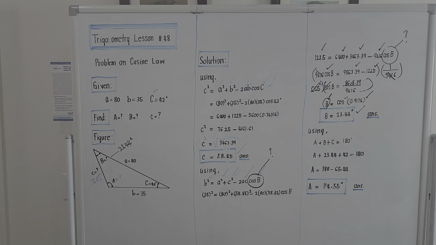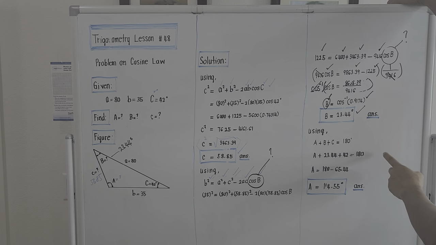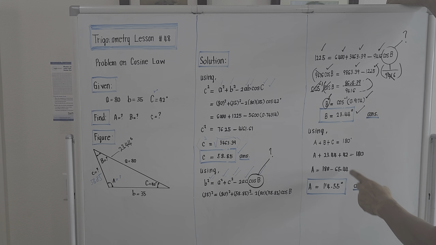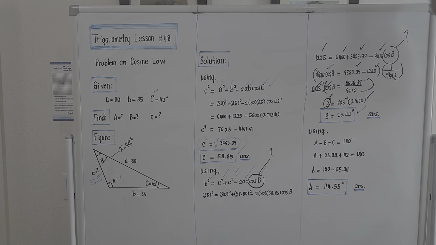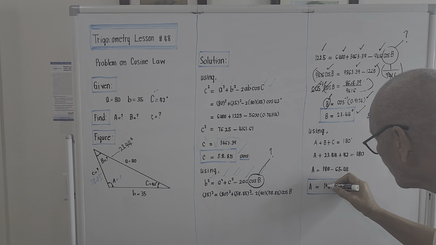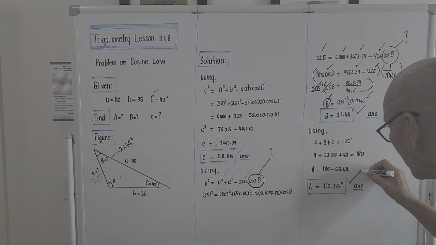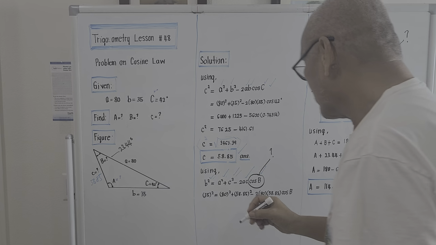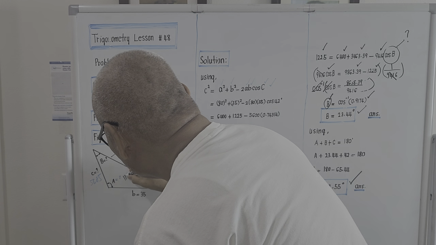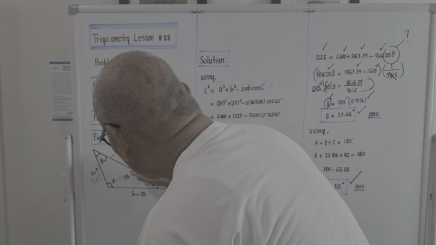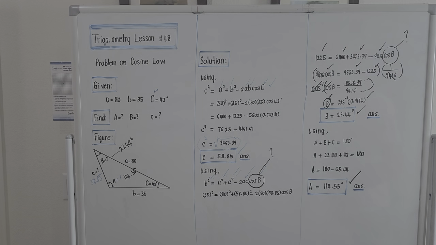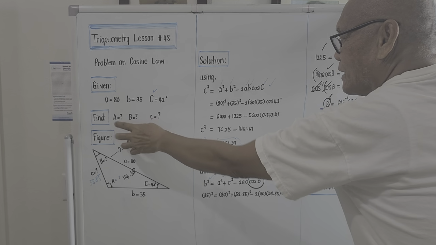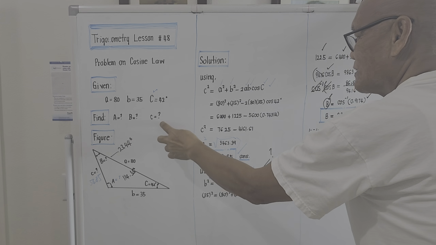Algebraic manipulation, right? A now will be 180 minus the sum of these, which is 65.44. This is now negative because we transpose it to the right. And A will be 114.55 degrees.